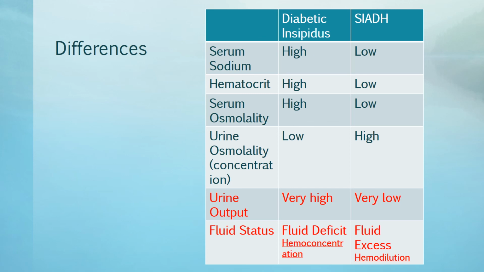The increases are going to be an increase in blood pressure and an increase in weight, and a good way of remembering this is that because of the increased ADH, they're going to have fluid retention. That excess fluid retention decreases your serum sodium because it becomes dilute. Low serum sodium equals a wet patient.